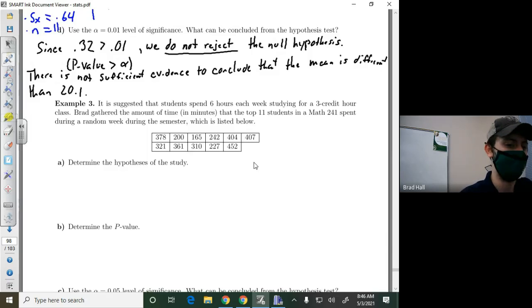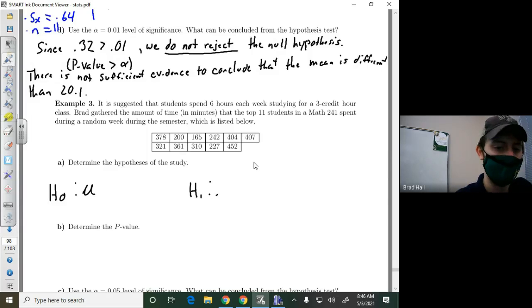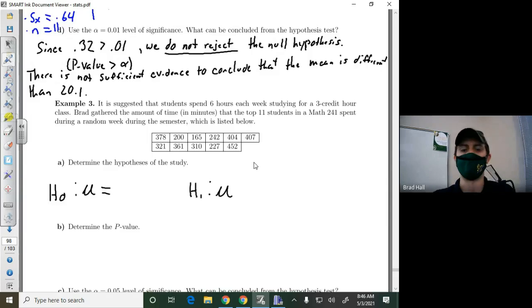The first question is, what are the hypotheses? Something to do with the mean, of course. The mean equals something in the null. Actually, this is a good question. Does anyone happen to see what the null hypothesis is? This one might be a little tricky.